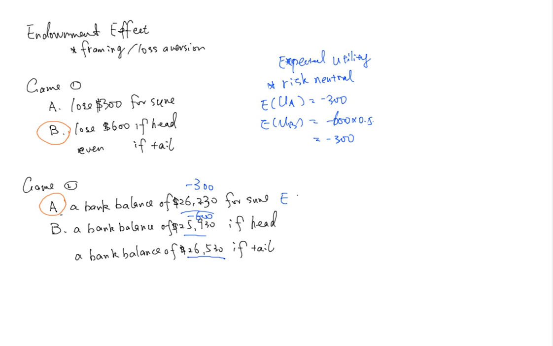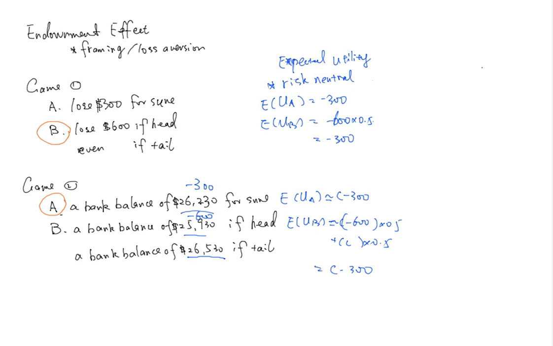So the expected utility here is something like C minus 300, and expected utility here is something like C minus 600 times 0.5 plus C times 0.5, which is C minus 300. So still, they should be equivalent. So assuming risk neutral, the agent's choices should be evenly split between A and B. But that is not the case. So that cannot be explained by the expected utility framework.